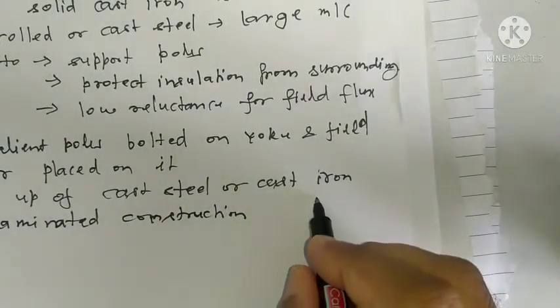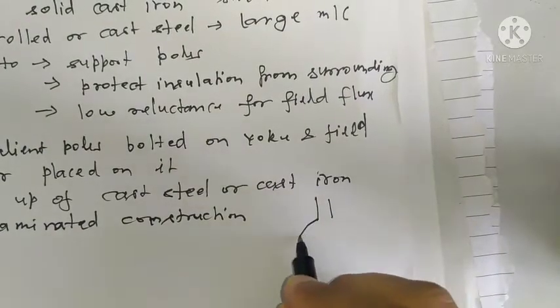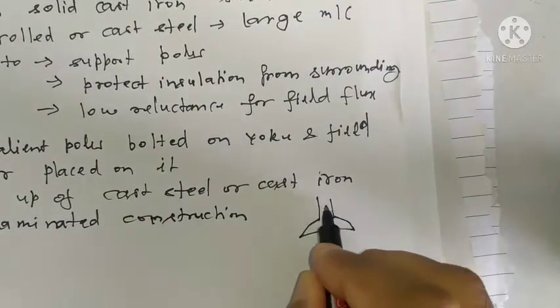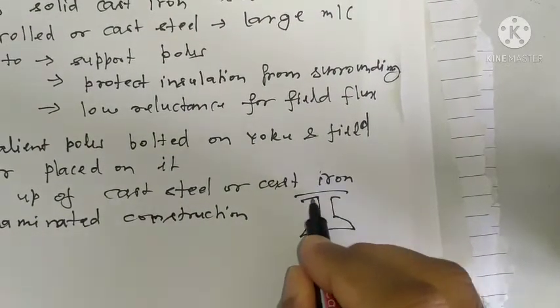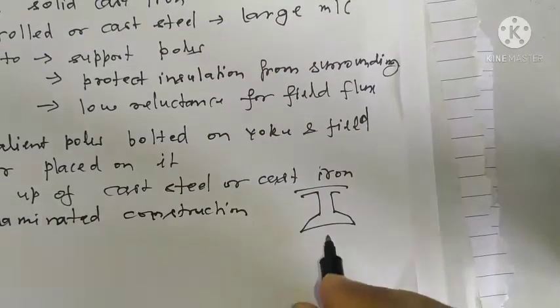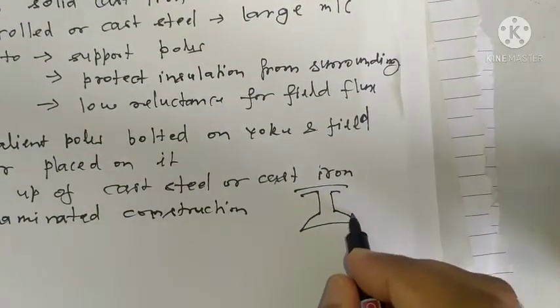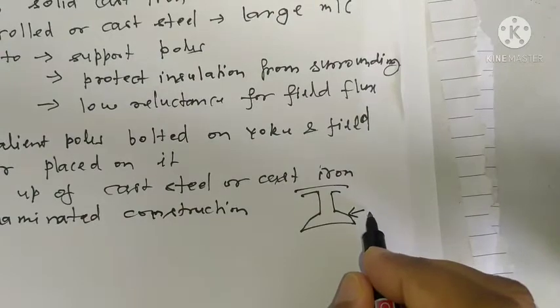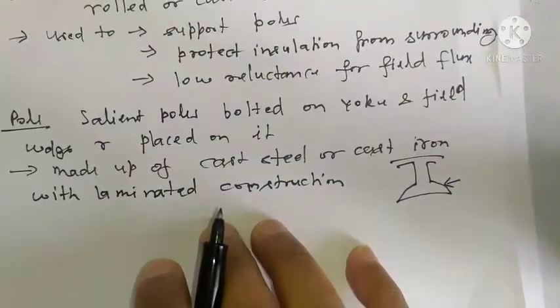We have seen poles like this, which are bolted to the yoke portion. This is the pole, and this portion is known as the pole shoe.